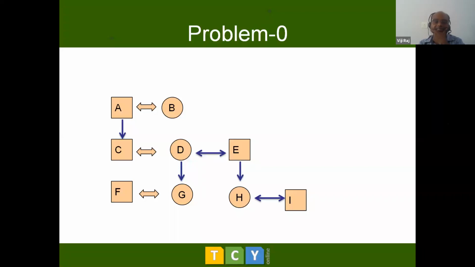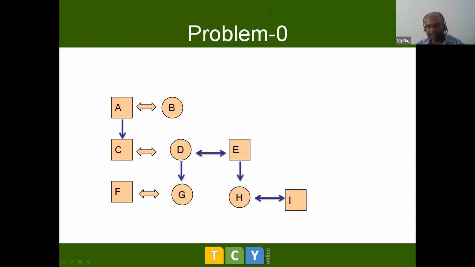Now let us connect G to C. Some of you feel that G is the niece of C. Let us understand where the problem is. Look, in the diagram, first G connects to D, right?